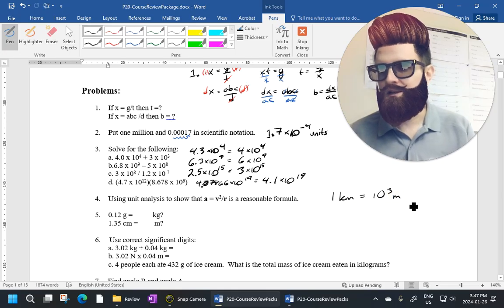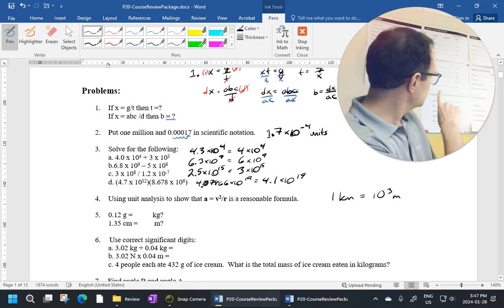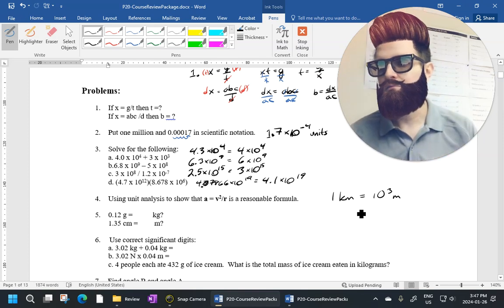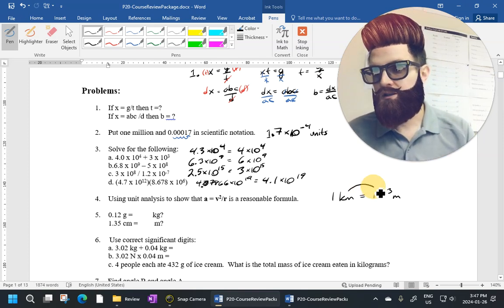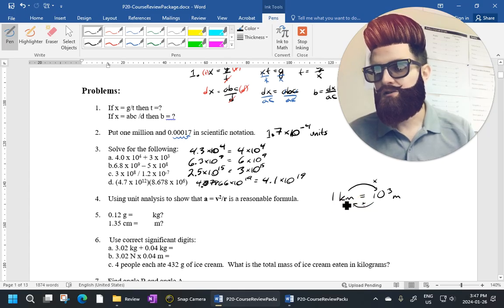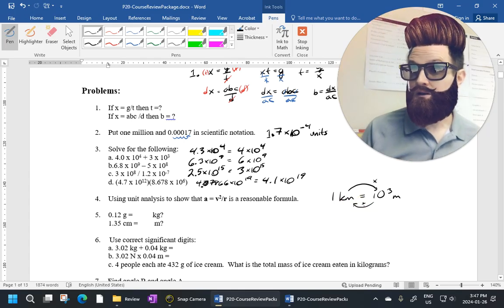So you don't necessarily need the meters part, you can just see on the formula sheet they don't bother putting it in there. But if you're going this way, you're timesing. If you're going backwards, you're dividing. As long as there's a 1 on the left-hand side, this works.